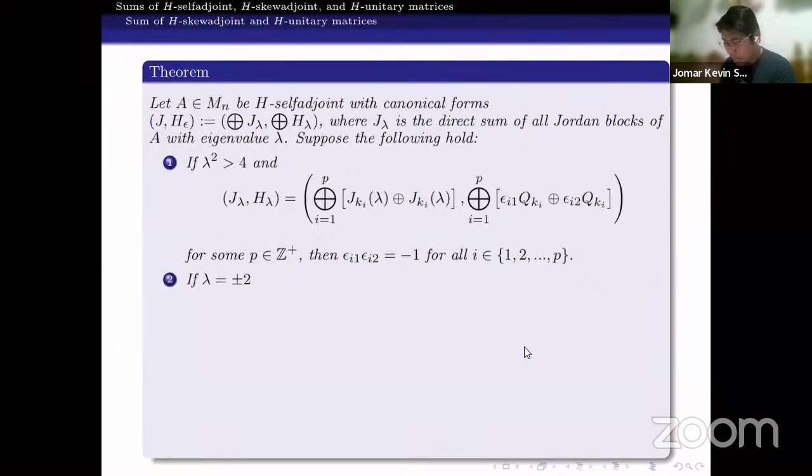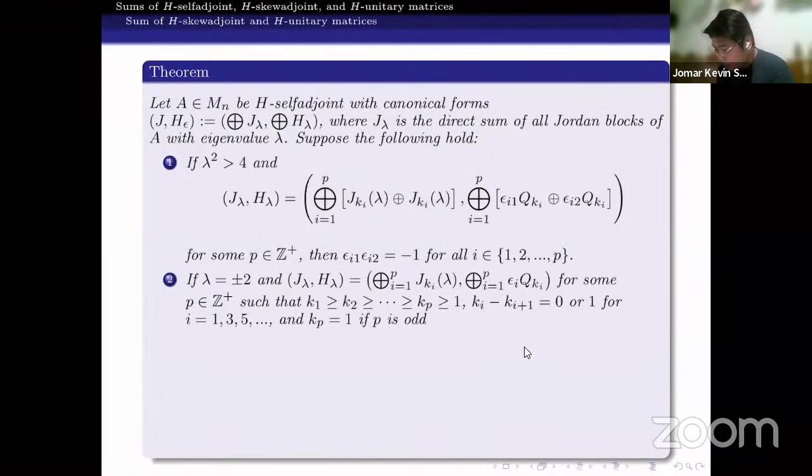Next condition, if lambda equals plus or minus 2, and yung itsura naman ng canonical form natin, ganito. So si J sub lambda, well, direct sum lang siya ng mga Jordan blocks, no? Corresponding to lambda. Si A sub lambda, ganun din. Direct sum lang siya ng mga P sub K. Pero may extra conditions tayo. Dapat yung mga subscripts natin decreasing.